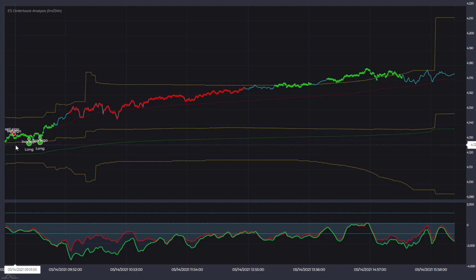The first one would obviously be the stop loss. Right now I run this strategy with a 15-point stop loss, which is a lot, but I'm still working on some more effective way of managing the risk with these signals.